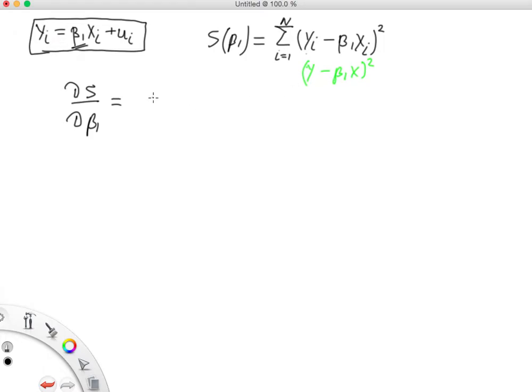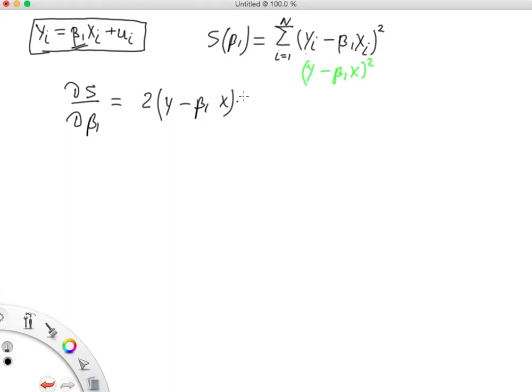So when you take the derivative, this 2 comes to the front, and then the function here, y minus beta 1 x, stays, with no 2 anymore because 2 minus 1 makes it 1, and we don't have to write the 1. Then using the chain rule, we take the derivative of the inside function, which gives 0 minus the derivative of this expression with respect to beta 1, which gives minus x.